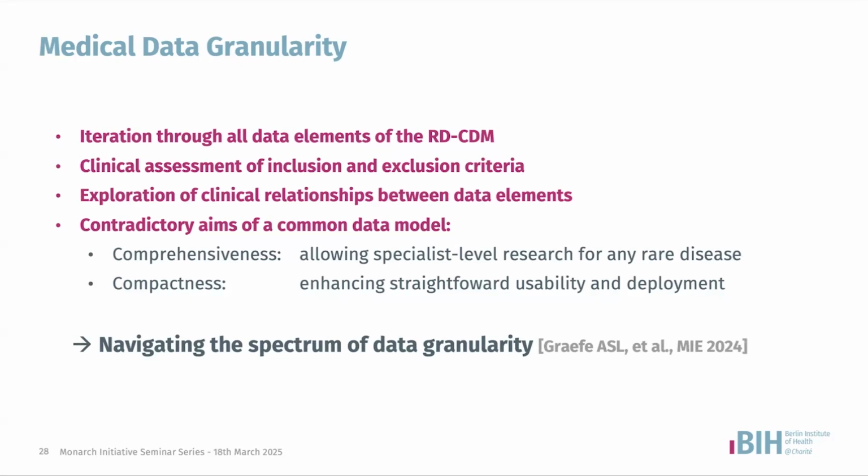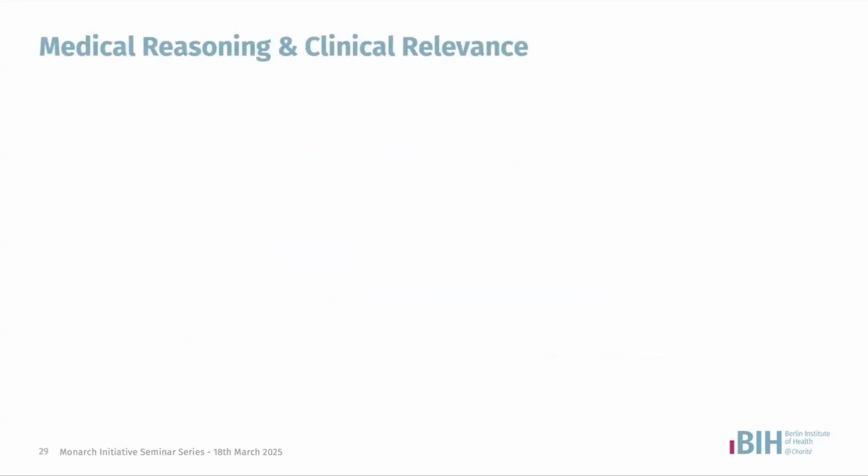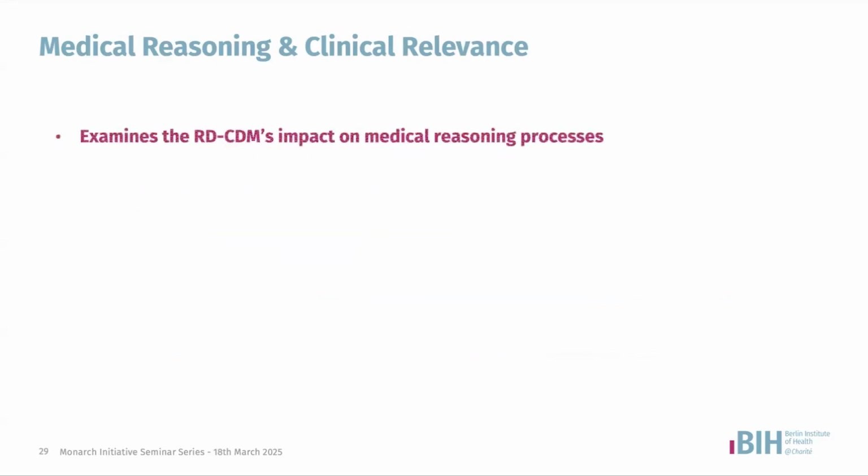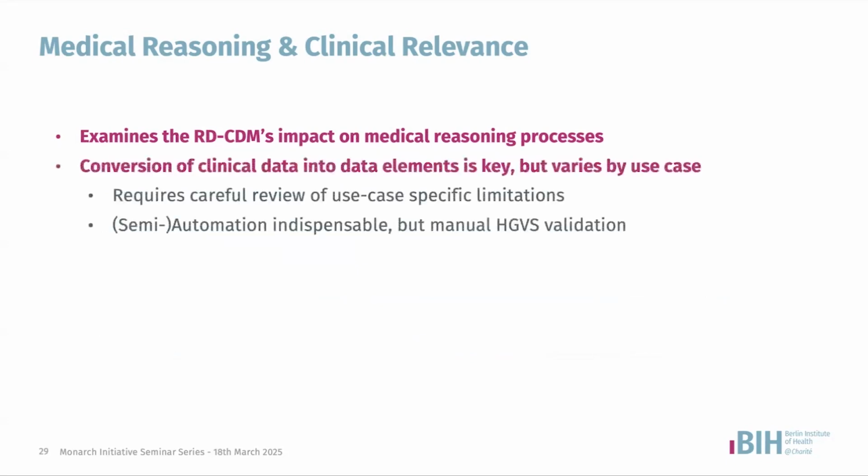For this, we also had a requirement analysis, which we published at the Medical Informatics Conference 2024 last year. For medical reasoning and clinical relevance, we try to examine the impact of our data model on the medical reasoning process. What we identified is that the conversion of clinical data into data elements is key, but also varies between use cases.